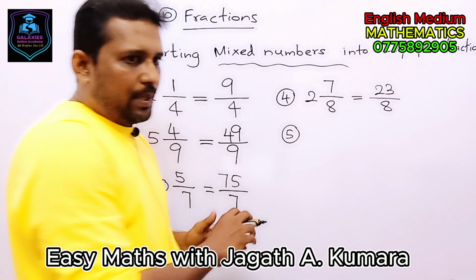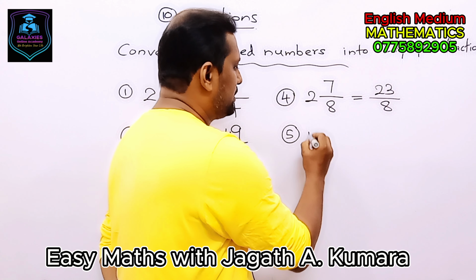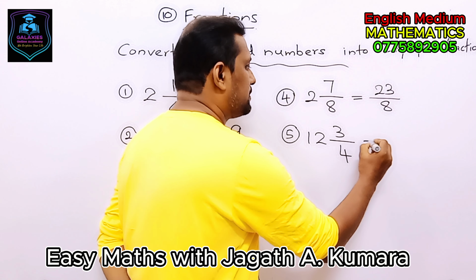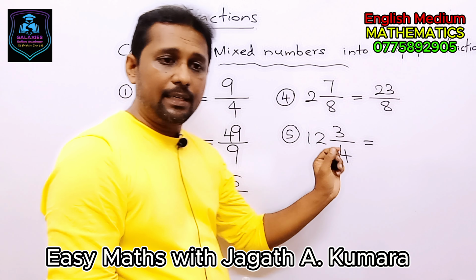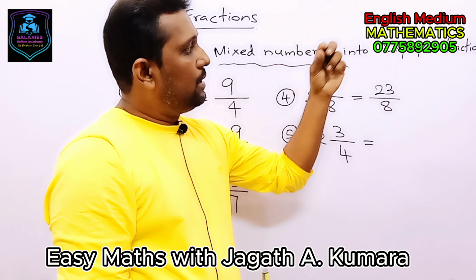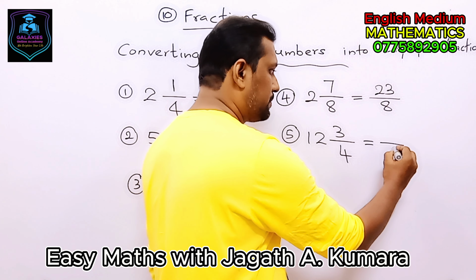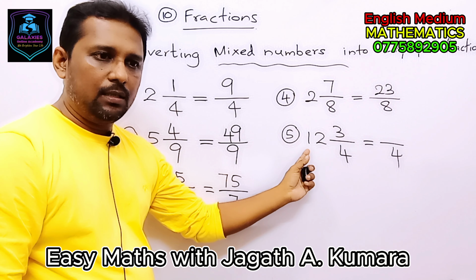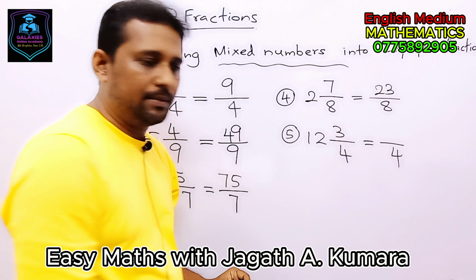Fifth one, last one. Right? I think it is enough. 12 3 over 4. Denominator is 4. So, improper fraction denominator, same one, no? 4. 4 multiply 12, 48. 48 plus 3, 51.